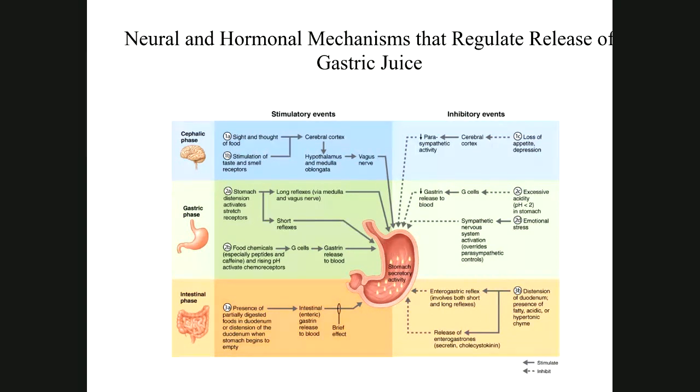As the intestine fills up, the inhibitory event happens. During this inhibition of the intestinal phase, there are hormonal factors that cause it, mostly in the duodenum, that inhibit gastric secretion.